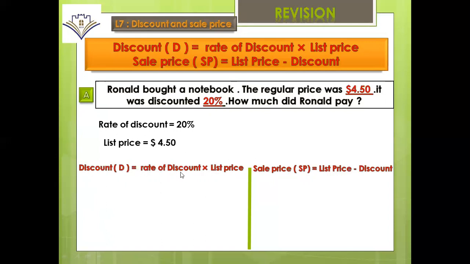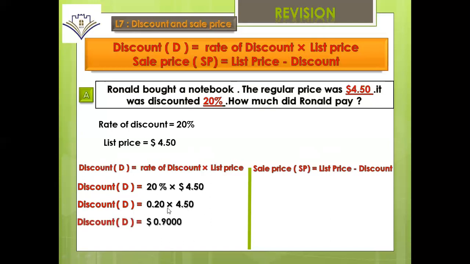Discount equals rate of discount multiplied by list price, and we have both here. Then discount equals the rate of discount, 20%, multiplied by $4.50. Then 20% means 0.20 multiplied by 4.50. Put down 20, and then 2 multiplied by 45 equals 90. The two numbers have 4 decimal places in total, 1, 2, 3, 4, and then we put the point.